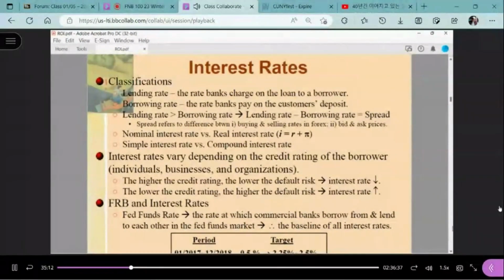And so the banks, all the commercial banks, are basically members of FDIC. And if they are not members of FDIC, they won't be able to compete in the business, because if all the other commercial banks are FDIC members and you're not, who's going to put their money in your bank, right?